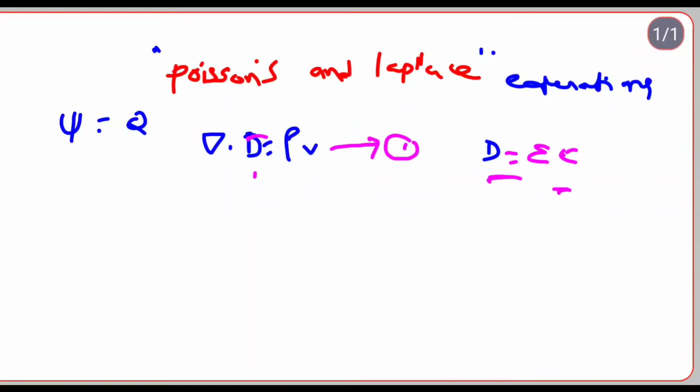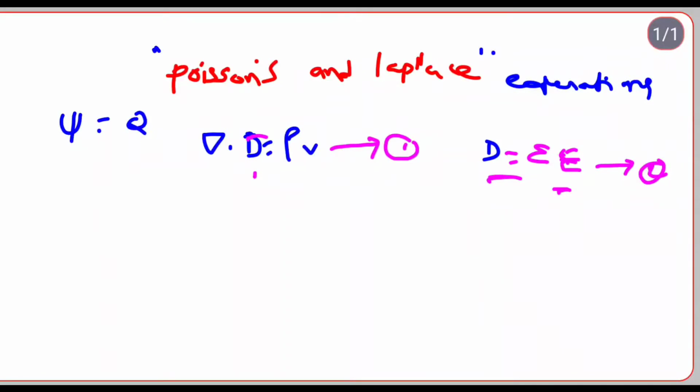What is the relation for a linear medium? Flux density and electric field intensity are related: D equal to epsilon E. Make it equation number 2. Concentrate on how we derive Poisson's and Laplace's equations to find potential V or E.